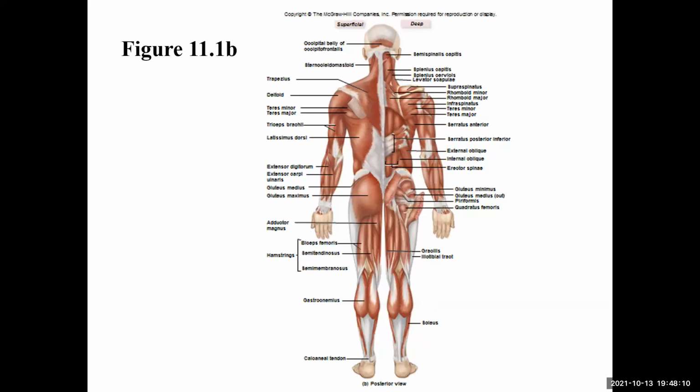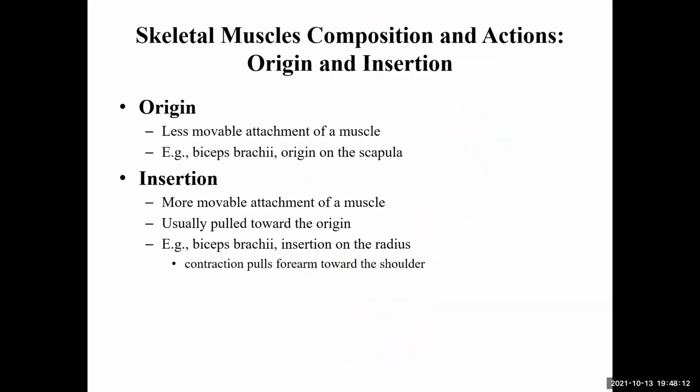And even though we are in chapter 11 and it's muscles, there are going to be some other structures that aren't just muscles. Of all the anatomical terms that you were responsible for in chapter 11, the majority, I think it's like 95%, are going to be muscles, but there's a small percentage that are non-muscular structures like tendons. So we'll work through those.